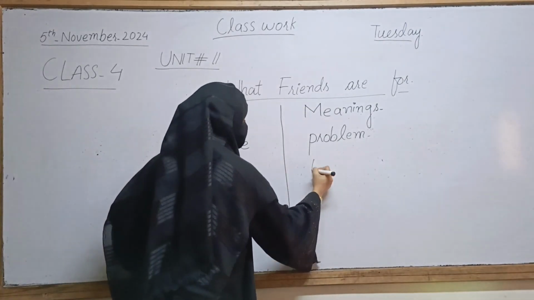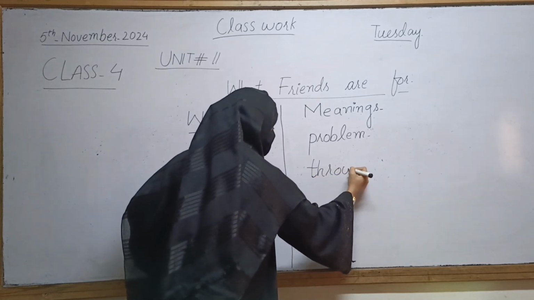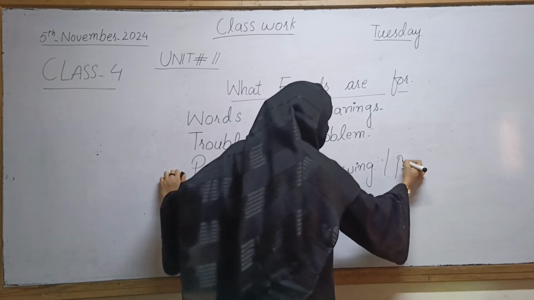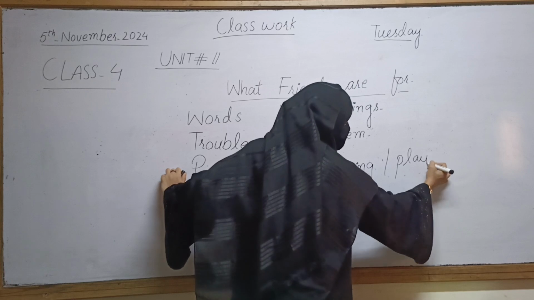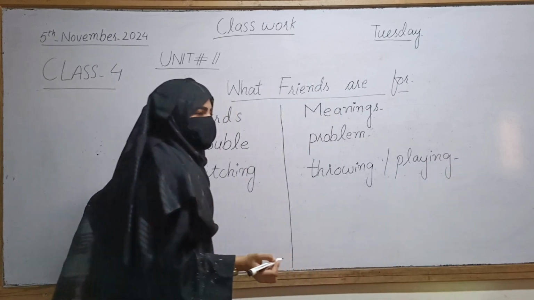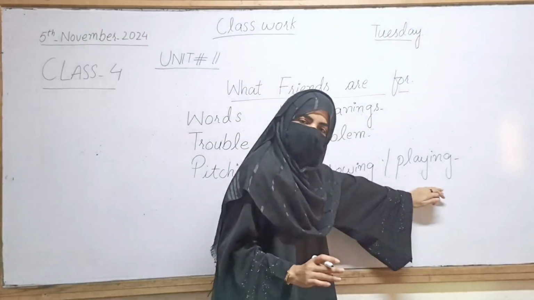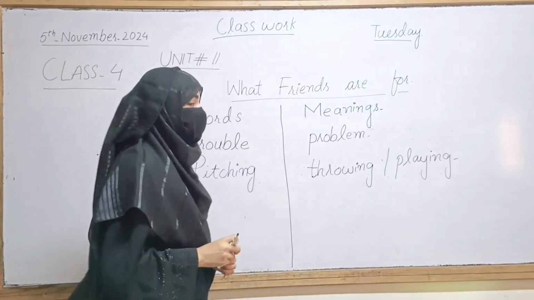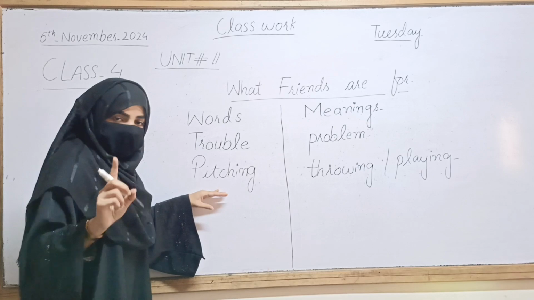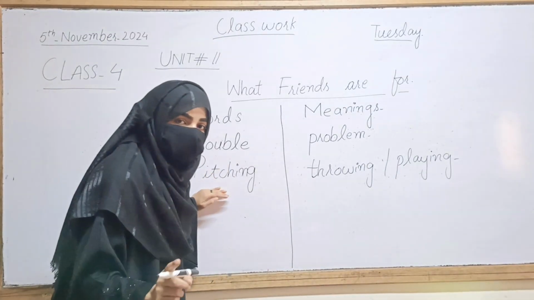Pitching means you can say throwing and playing with marbles. Those meanings which have a slash in between, you can write one out of them which you think is suitable and easy for you. You can even write throwing, you can even write playing. Both are correct. And if you want to write another meaning associated with this word pitching, you can write it down, but make sure the meaning is as similar as it is mentioned in your unit.